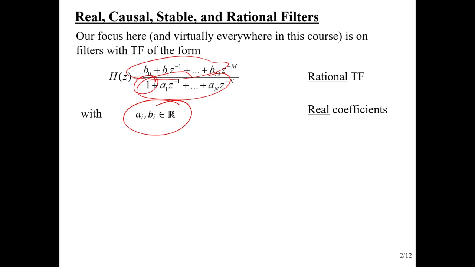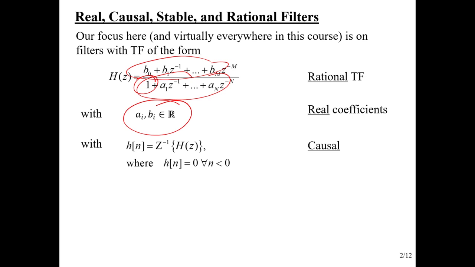I cover that in the review video and notes, so you might want to go back and look there. The poles and zeros have to appear in complex conjugate pairs. So you could have real valued poles and zeros that are just singletons. But if they are complex, there will always be, in addition to that pole or zero, its complex conjugate on the z plane as well.